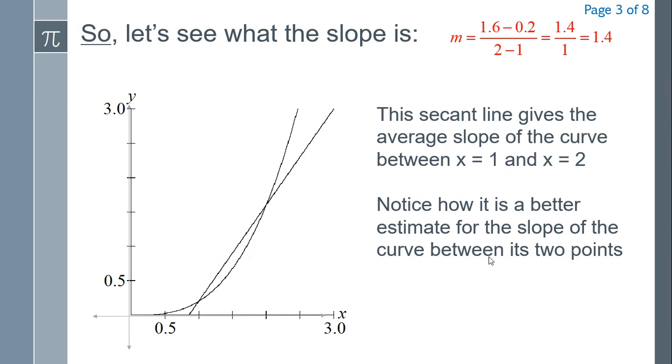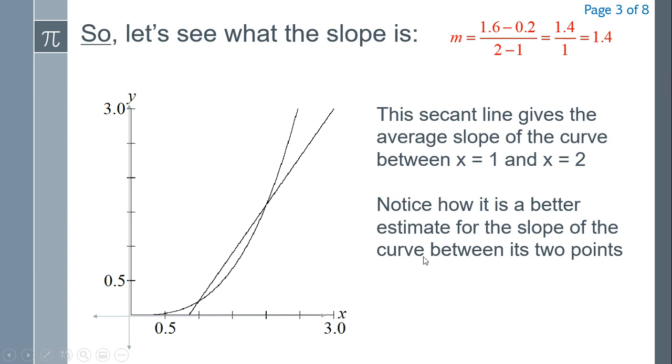So if I look at an example like this, I've got this curve here, and I've got a line that has a certain slope, and it intersects here and here. Now I could find the slope of that line, and it would approximate what the slope of that curve is, but it's not perfect, right? So it gives the average slope between x equals 1 and x equals 2, okay?